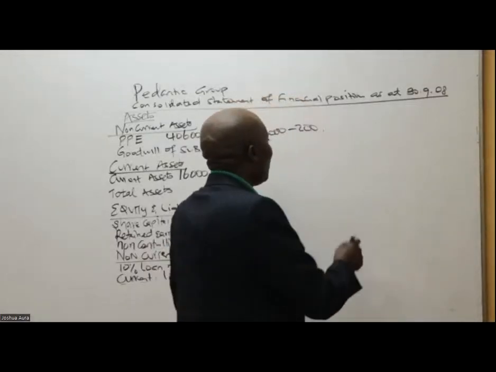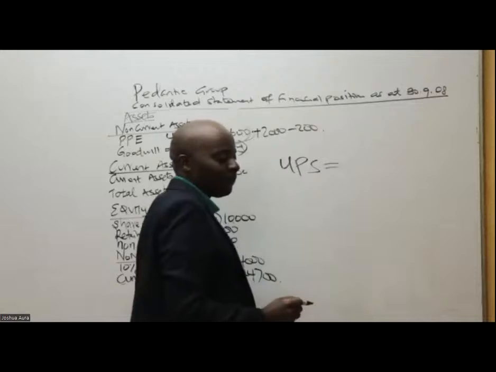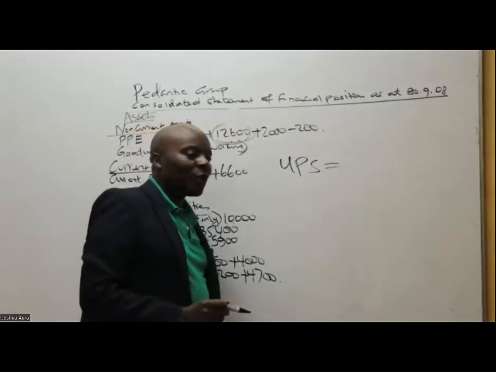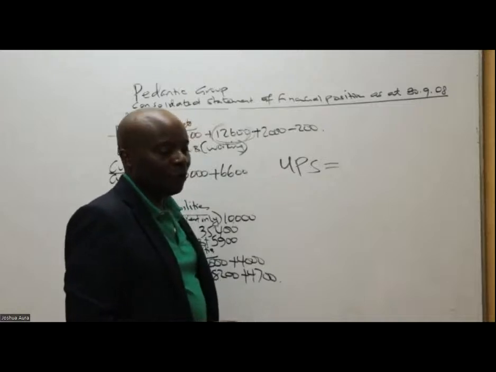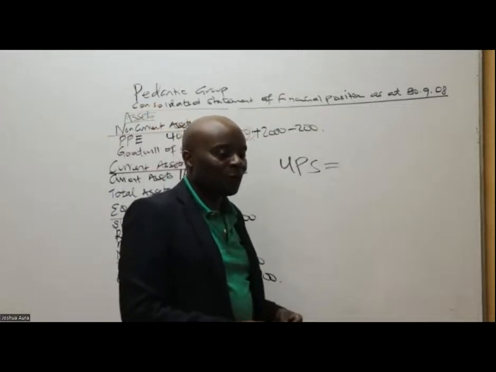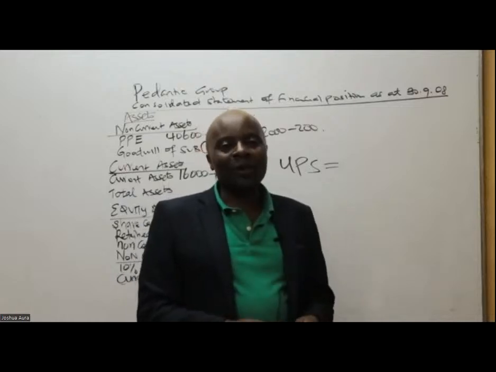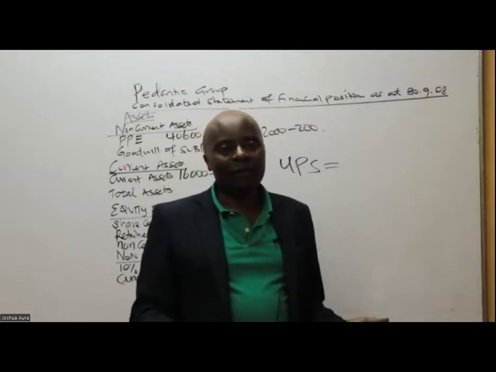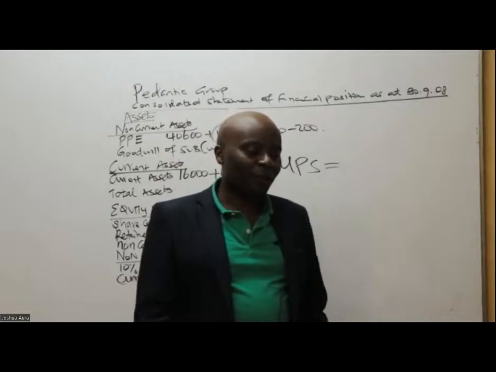This examiner wants me to calculate what we call unrealized profit on stock. Is there anybody who can remind us of the formula for getting unrealized profit on stock? I'm calling you people examiners. For sure, that is a process that all of us will pass.